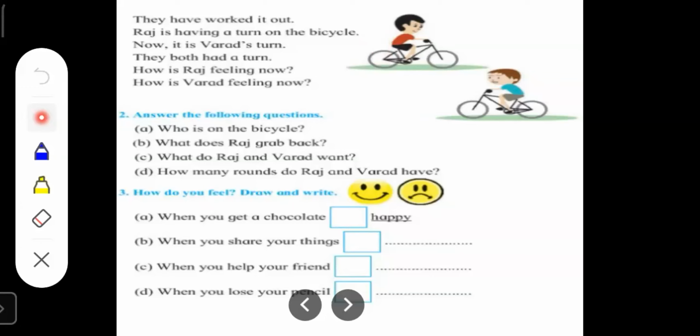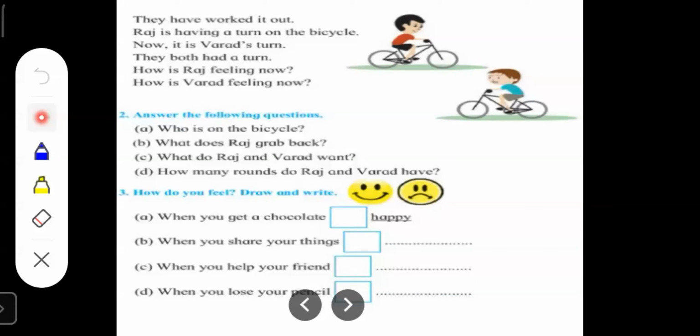Raj and Bharat were both fighting for the bicycle, but afterwards they come to a solution. What is the solution? First, Raj rides the bicycle, then Bharat rides the bicycle, and in this way, both get the chance to enjoy and have fun. So this is what we learn in this lesson.